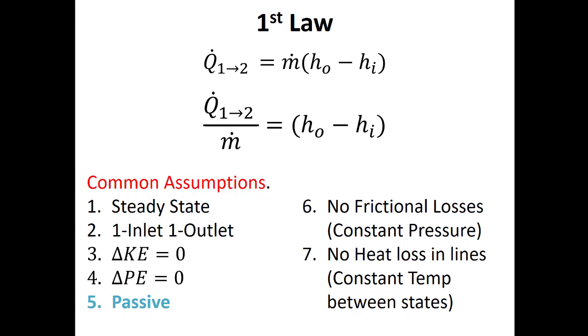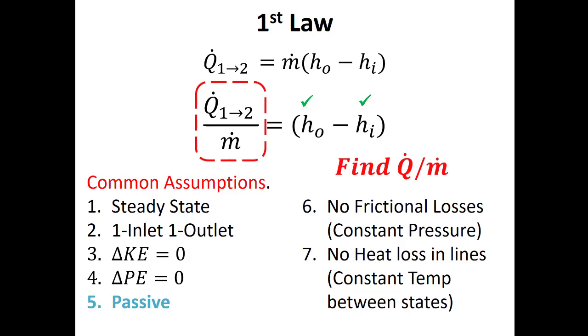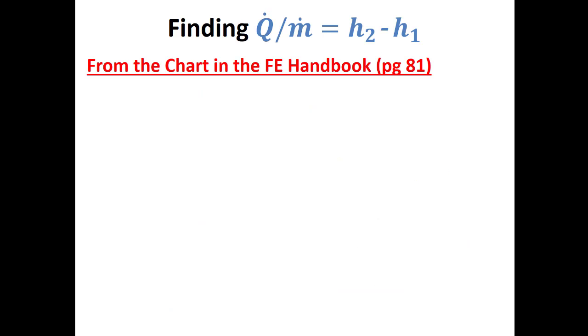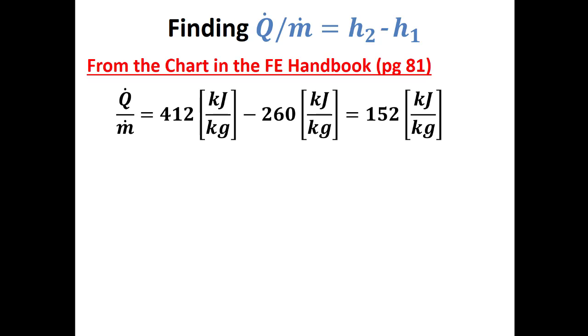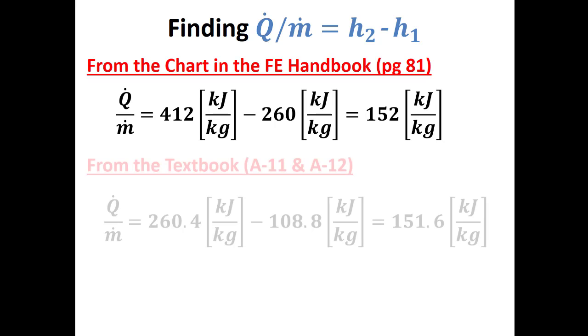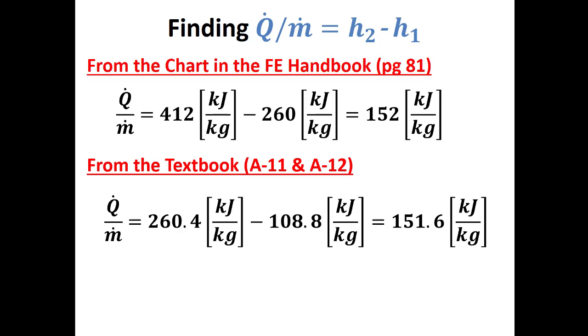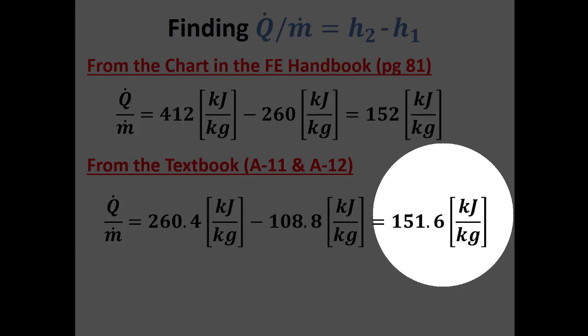I'm going to find the answer for Q dot over m dot using both the graph and the textbook. Both ways, I know H out and I know H in. If I use the numbers from the FE handbook, or from this graph, then little q dot is 152 kilojoules per kilogram. And if I use the textbook, again it's about 152 kilojoules per kilogram.